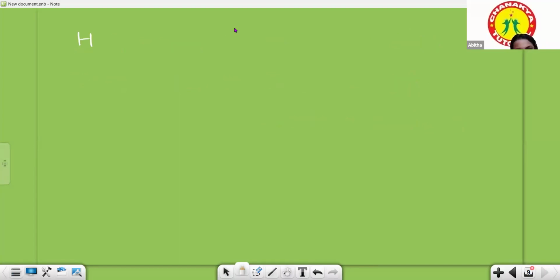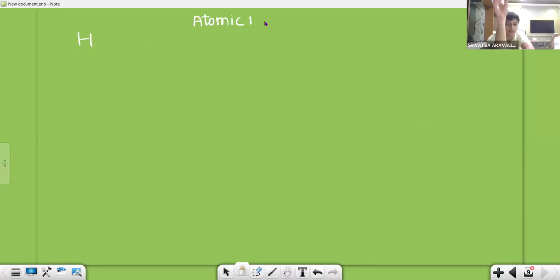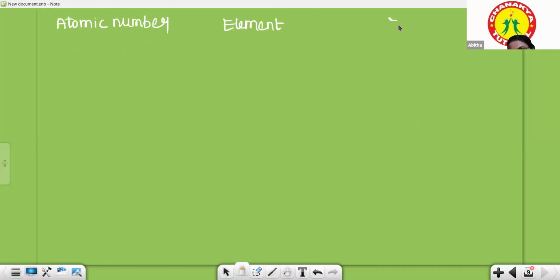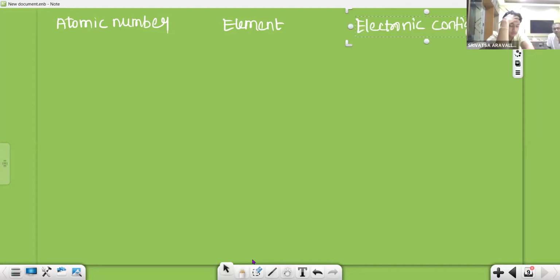If you take hydrogen, what is the atomic number of hydrogen, Srivatsa? It's one. Very good. Atomic number is 1. We write the element here, and then we write the electronic configuration here. The first element is hydrogen.